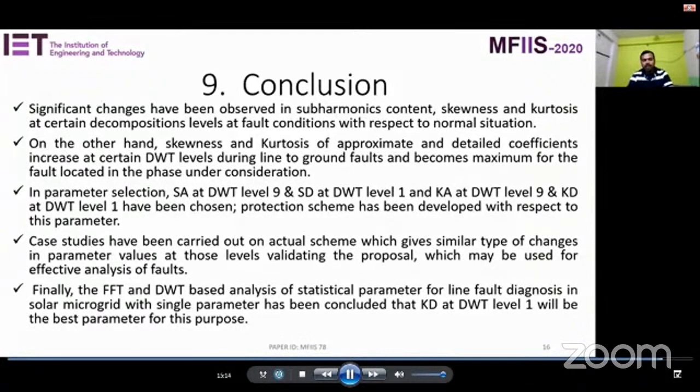Finally, in the FFT and DWT based analysis of statistical parameters for line fault diagnosis in solar microgrid with single parameters, it has been concluded that KD at DWT level 1 will be the best parameter for this purpose. This is the conclusion of this whole work.